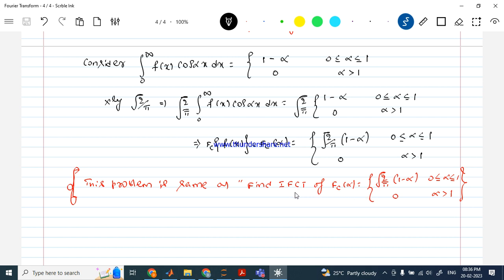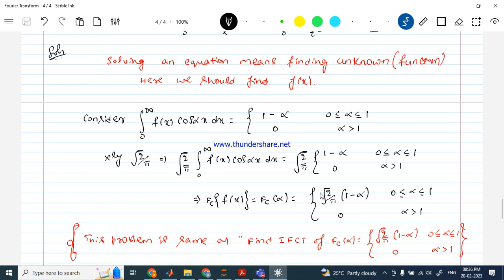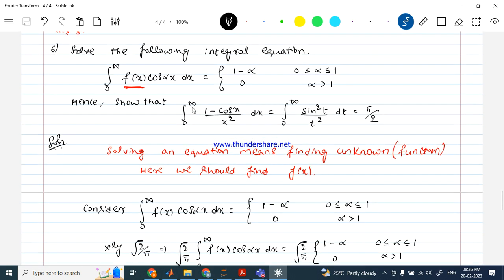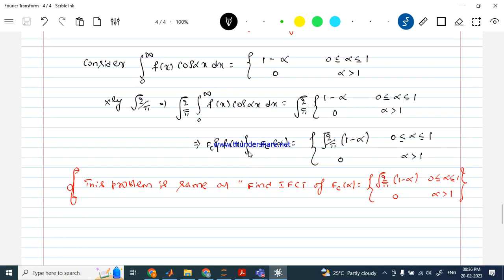Instead of asking you like this, they have asked the same question in indirect form. Here the question is to find f of x if integration 0 to infinity f of x cos alpha x is this, which is the same as fc of alpha is equal to this. Find f of x from this one.